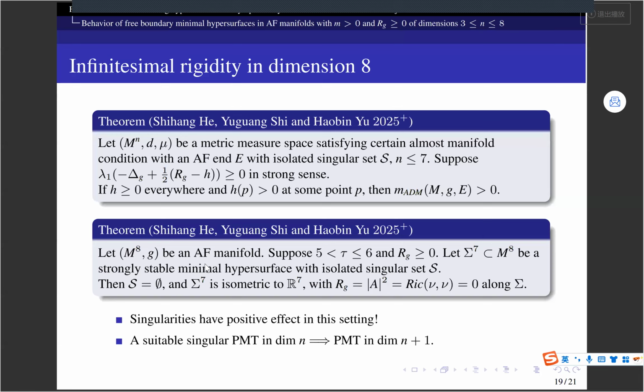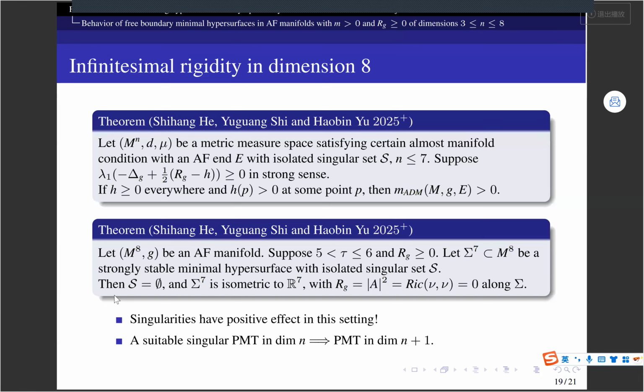You assume M is an n-dimensional AF manifold with non-negative scalar curvature, and that contains a strongly stable minimal hypersurface with isolated singularity. A priori, we allow the existence of the singularity.